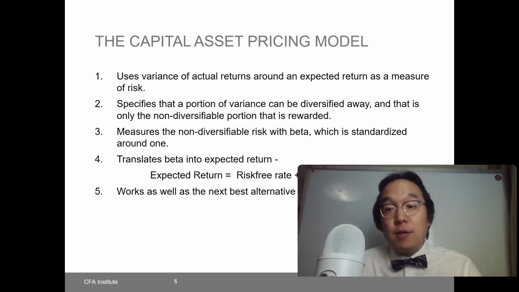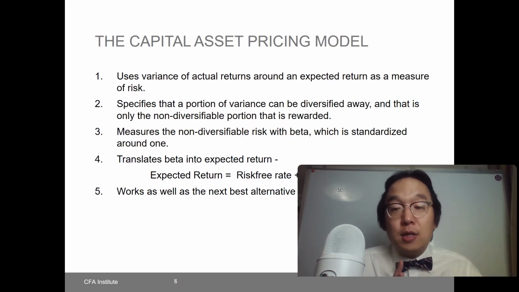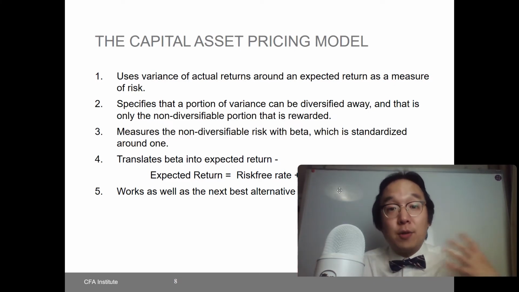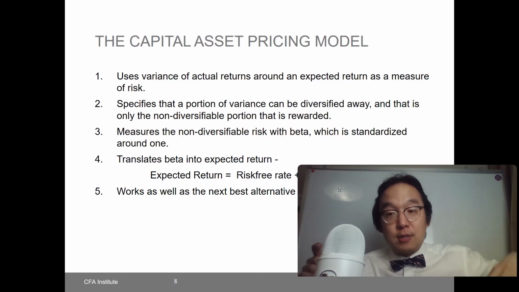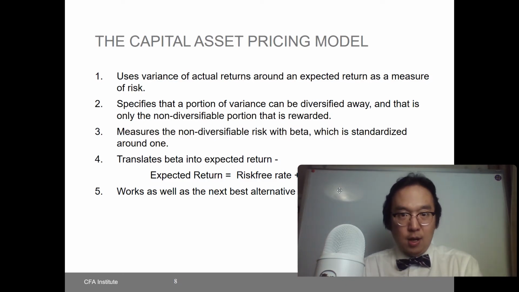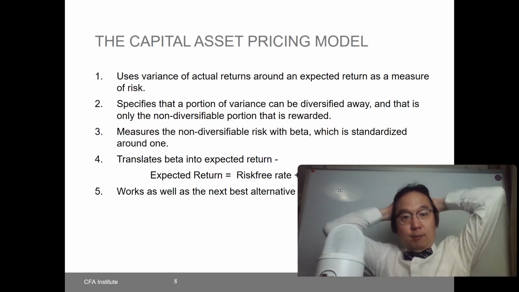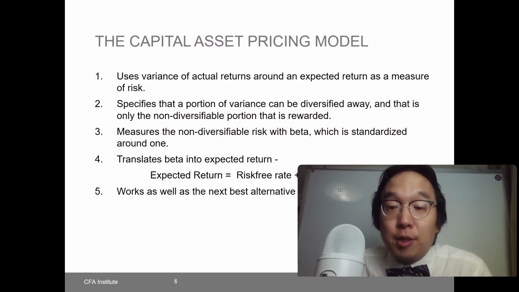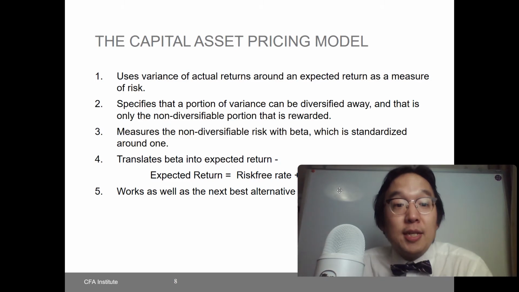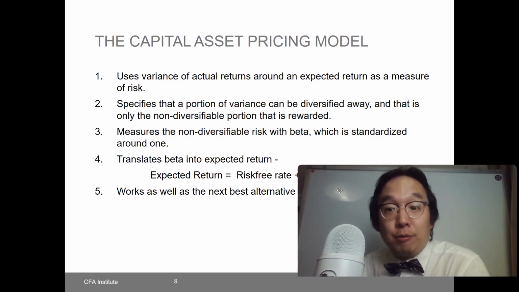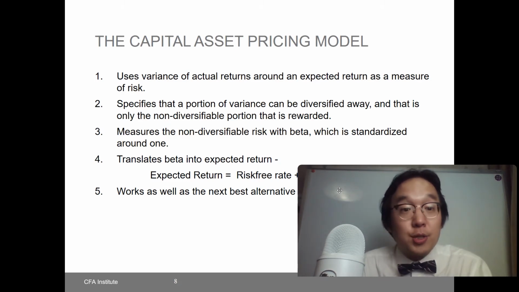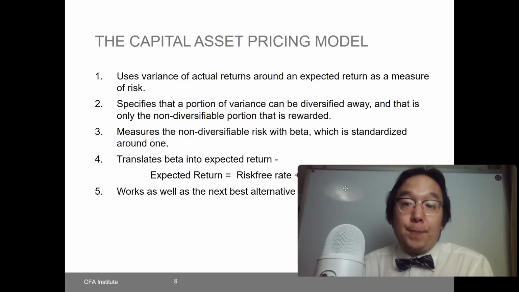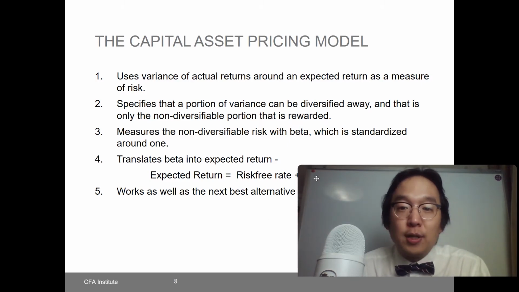If it is diversified away, it is not necessarily rewarded by the market, because you can always diversify it and forget about that idiosyncratic part of the risk. So that's the idea. Number 3, it measures the non-diversifiable risk with something called beta, which is standardized around 1.